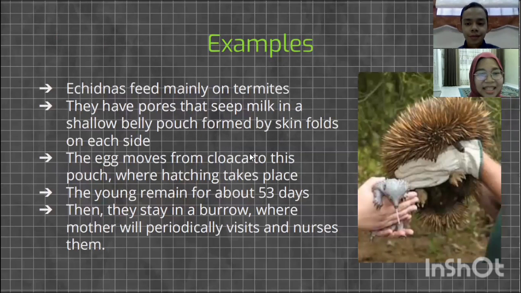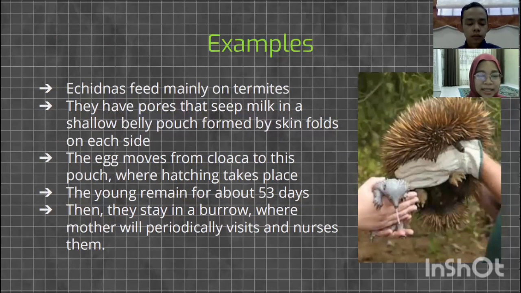Okay. And this is the next example, which is echidnas. Echidnas feed mainly on termites because they are anteaters, isn't it? They have pores that seep milk in a shallow belly pouch formed by skin folds on each side. So what I can say is that they don't have teats or nipples.